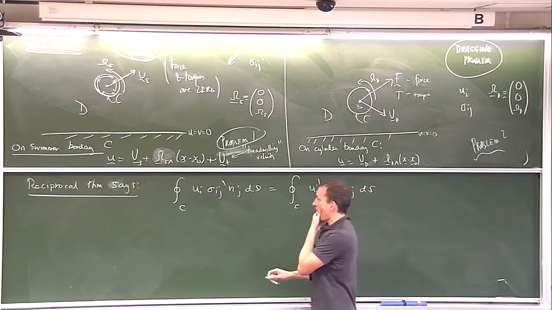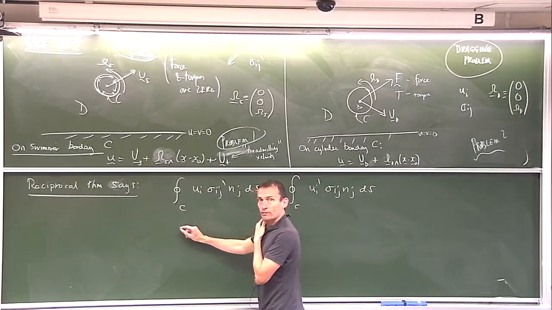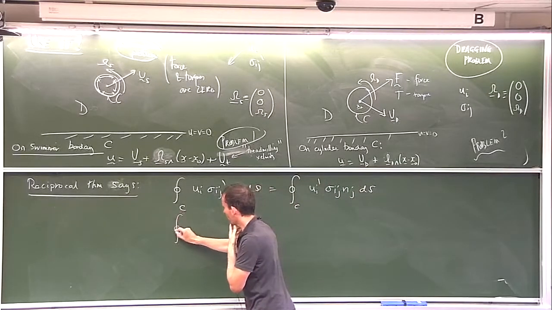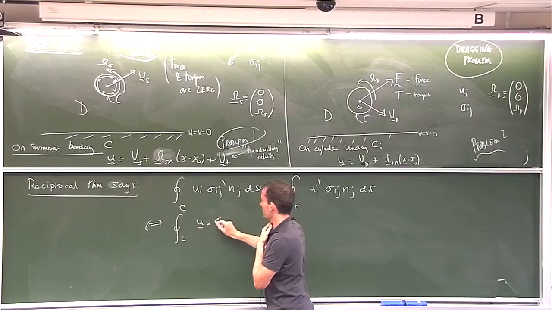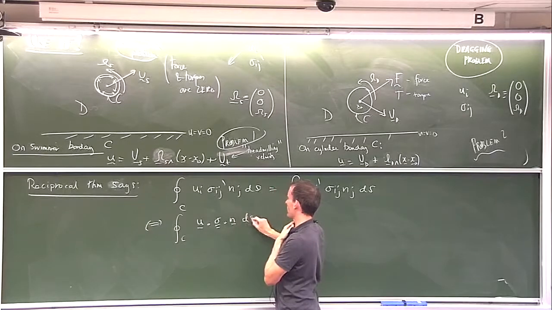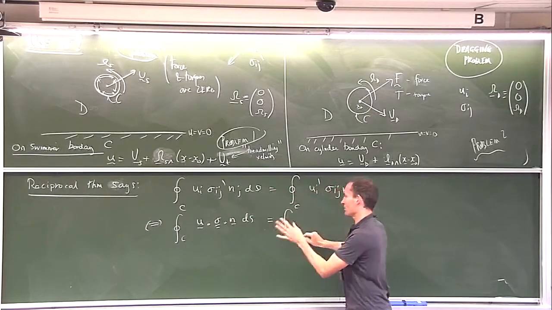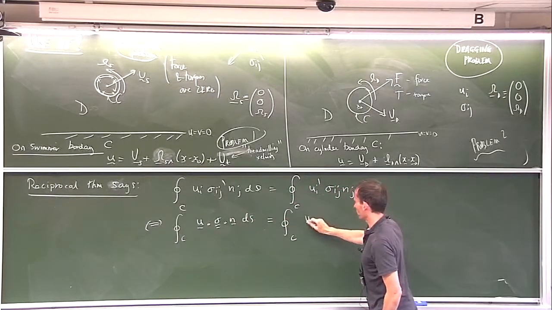Does anybody mind if I now go to contract just dots and stuff? So this is equivalent to u dot sigma dot n ds. I'm just moving to standard vector calculus.